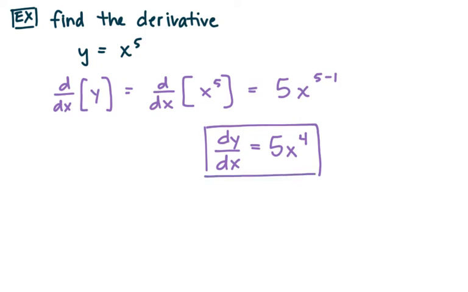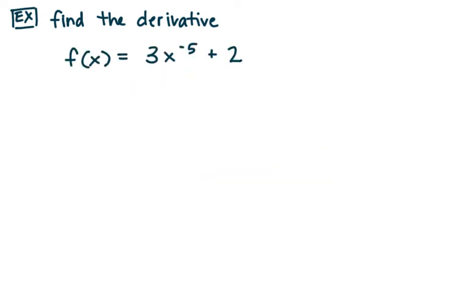All right, let's look at another example. In this example, we're going to find the derivative of the function f of x equals 3x to the negative 5 plus 2. Now you see we have two terms here. Because of my sum and difference rule, I'm just going to take the derivative of each of these terms individually. So the derivative f prime of x, and it's important that you write this, you don't just start off writing equals and then change it, because that would imply that the function is now equal to that.